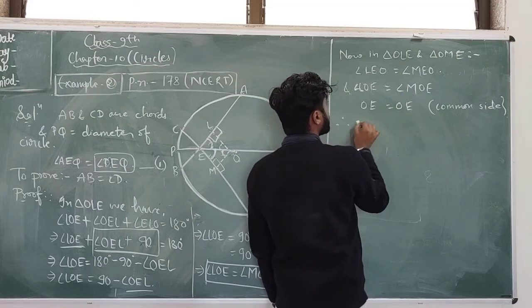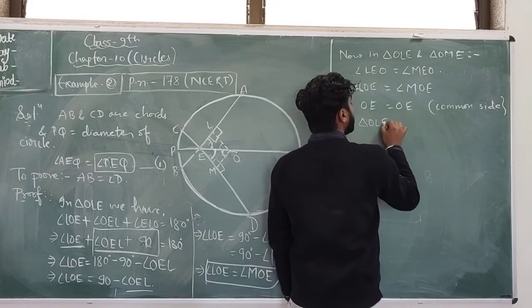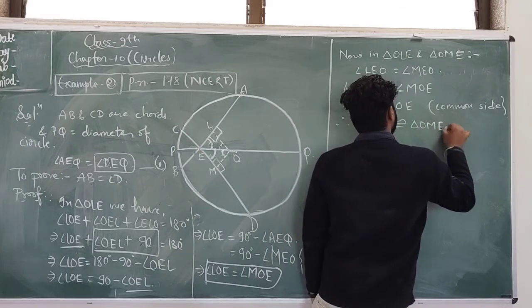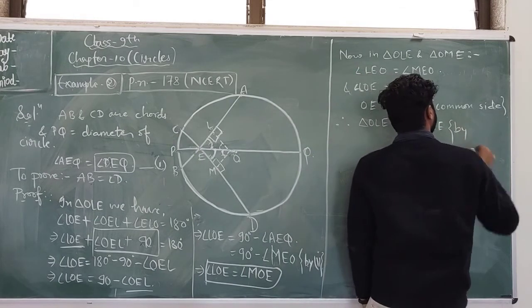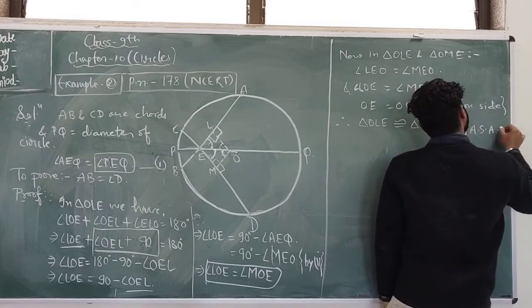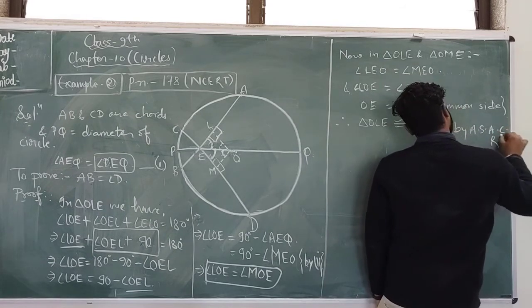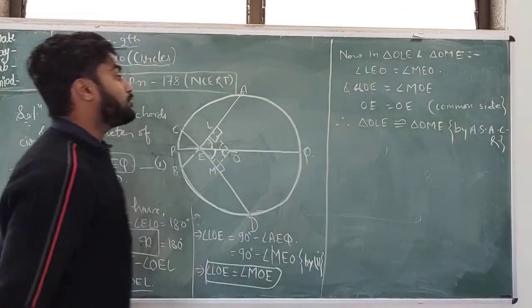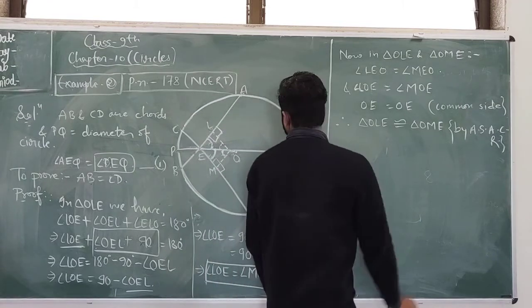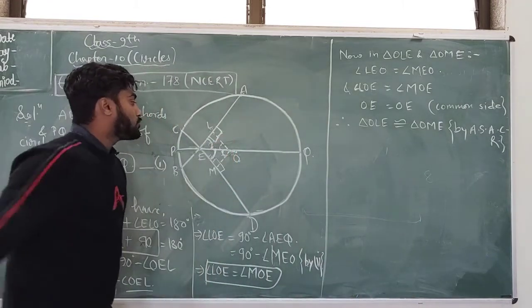Therefore, triangle OLE is congruent to triangle OME by the angle side angle congruence rule. That means these two triangles are equal to each other.